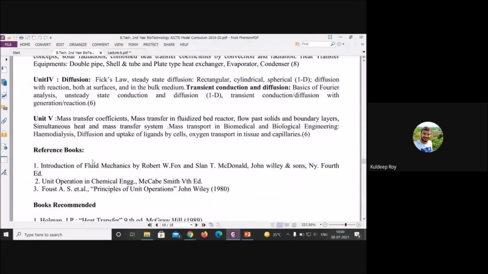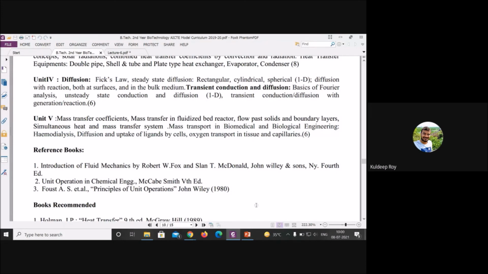Okay, now come to your syllabus. I have finished your unit 5 as well. Capillary action, oxygen transport in tissue and capillary. Today I have discussed this particular portion: mass transfer in biomedical and biological engineering, hemodialysis, diffusion and uptake of ligand by cells, oxygen transport in tissue and capillary.